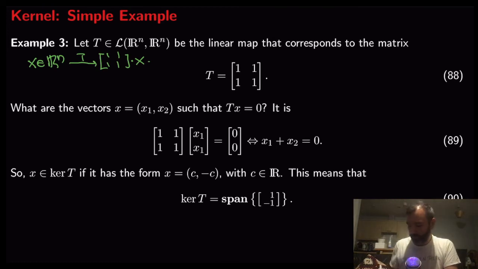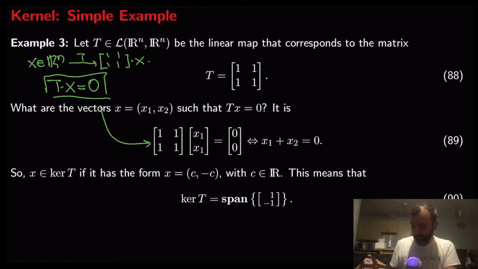So I want to solve the equation T times X is equal to 0. Equivalently, T times X, I have another typo here, the vector x1, x2, is equal to 0.